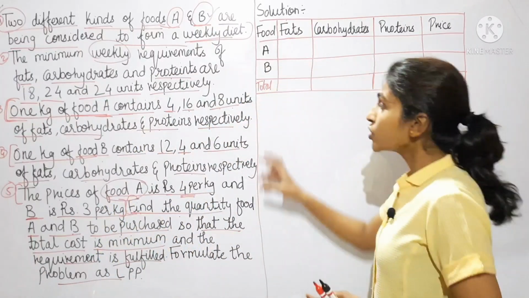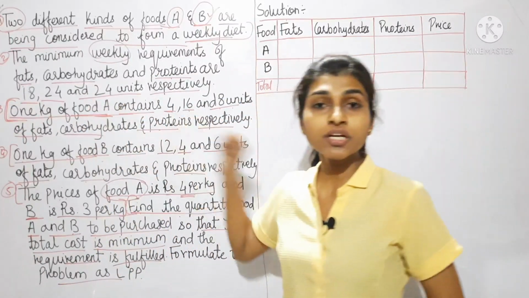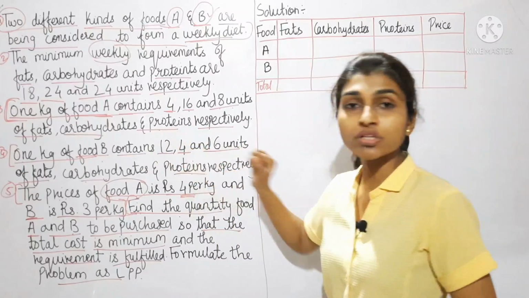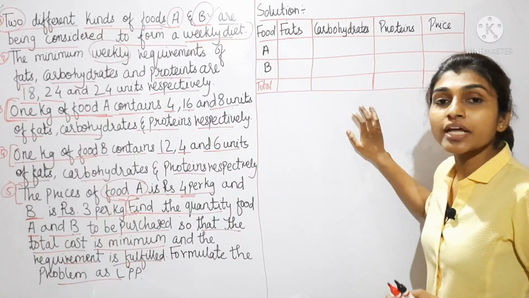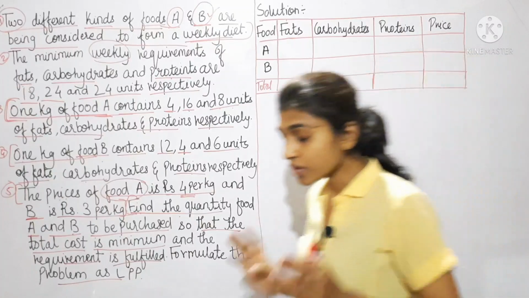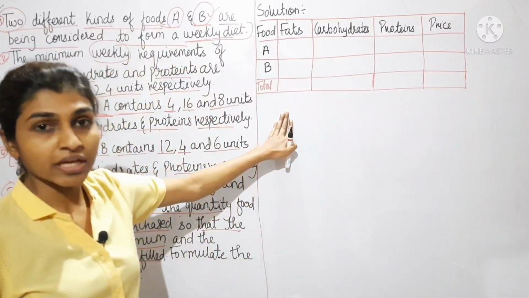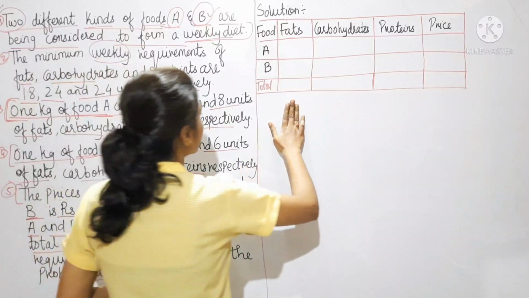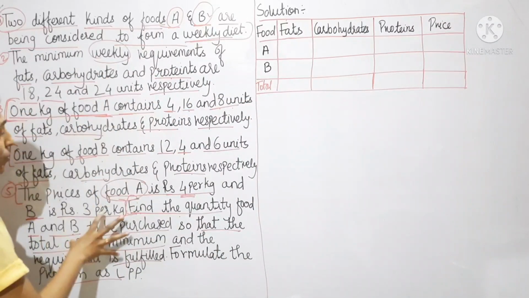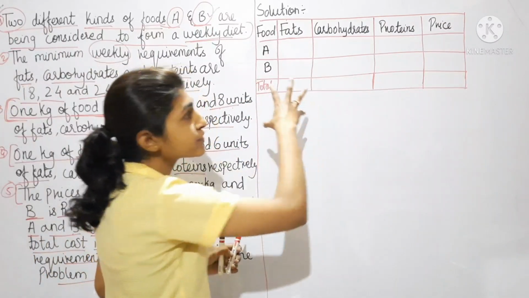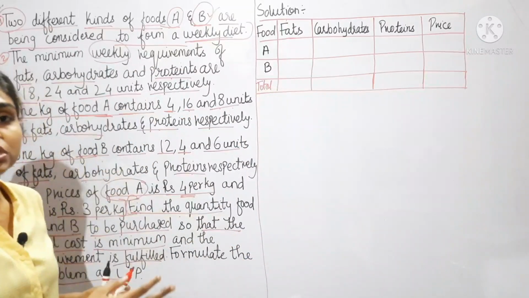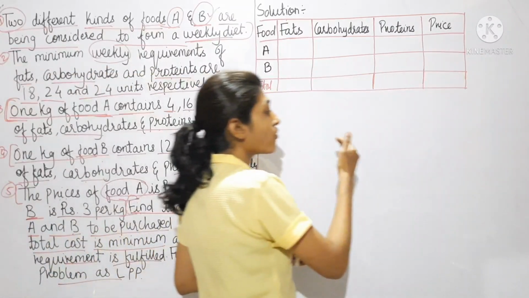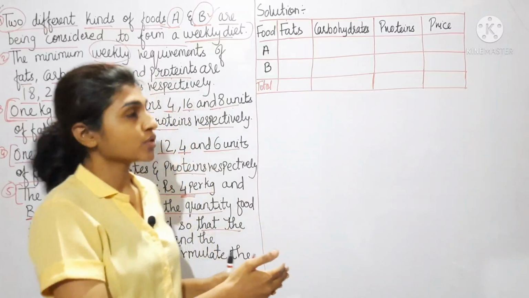Now, first of all, remove all the numbers, whatever is there, and put them in table form. Solution. So I have prepared the table. I am putting this whole problem into a small table. With the help of this table we can easily formulate the equations.